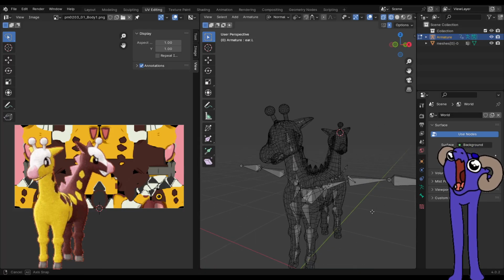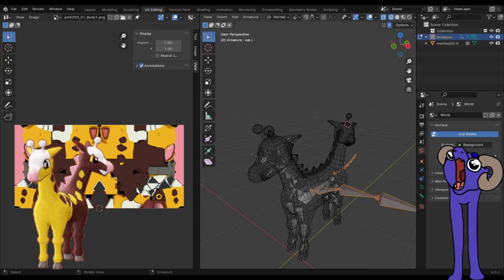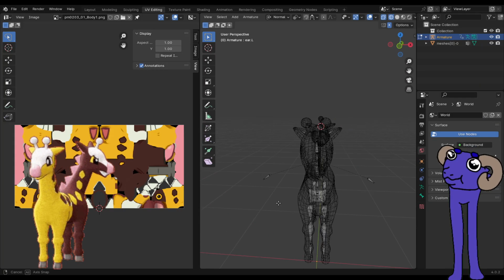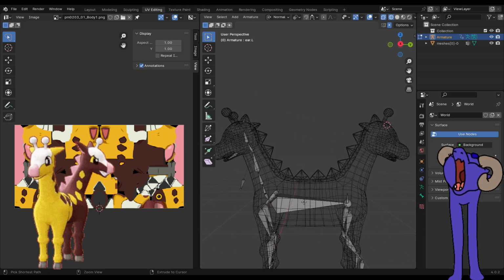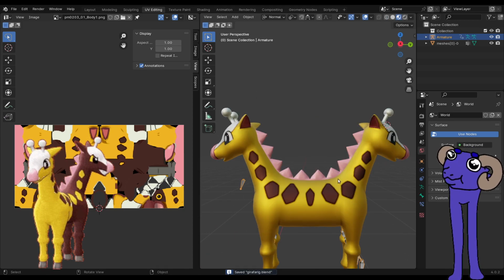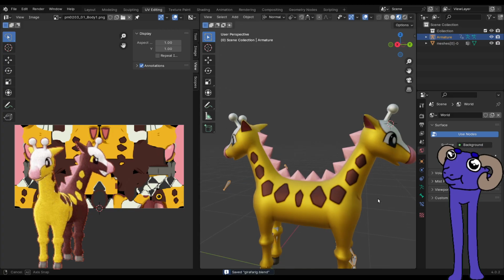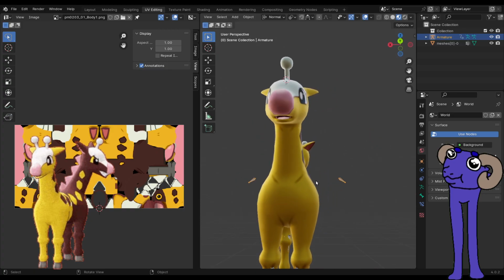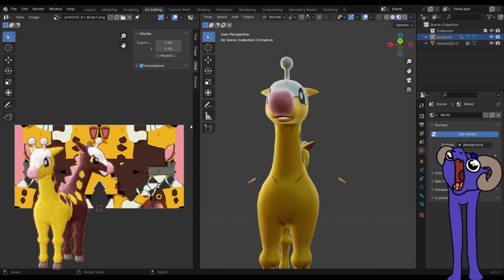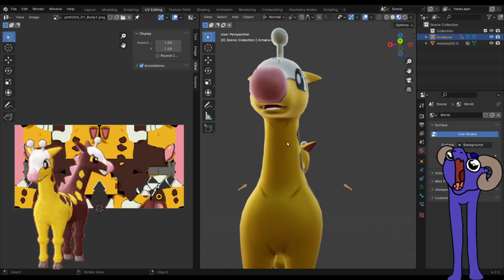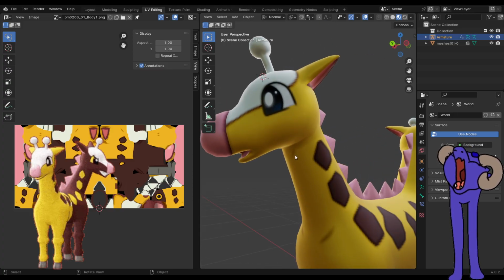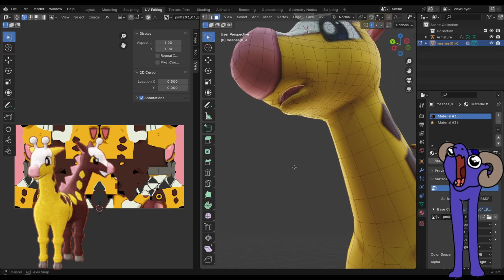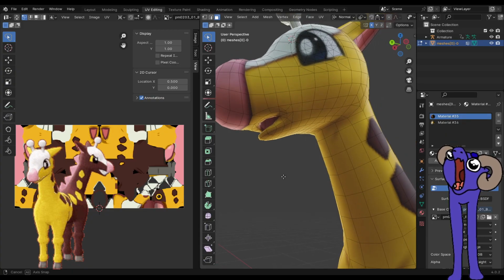I didn't know I had the ears selected. Okay, that's good. I guess the other thing is, based on the way that Girafarig's back mouth is, I might get rid of his jaw and just replace it with a grin.